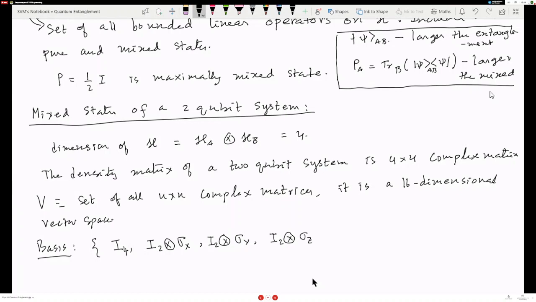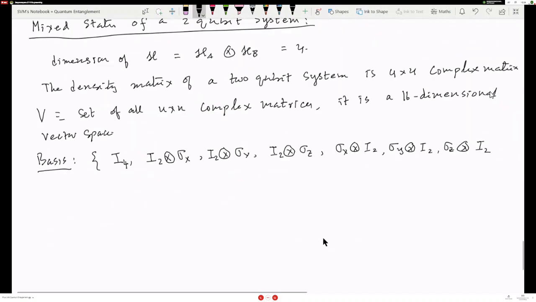So these are 3 matrices. And then you can have sigma x product I2, sigma y product I2, and sigma z product I2. So you can see 1, 2, 3, 4, 5, 6, 7. Okay, 7 are there.